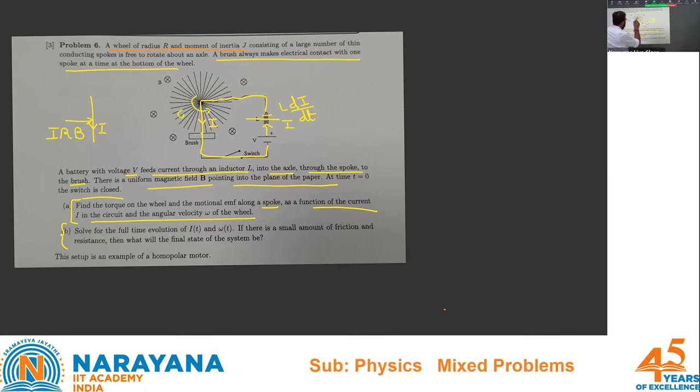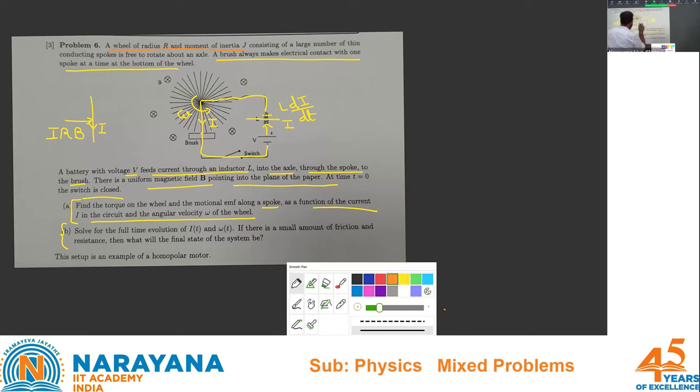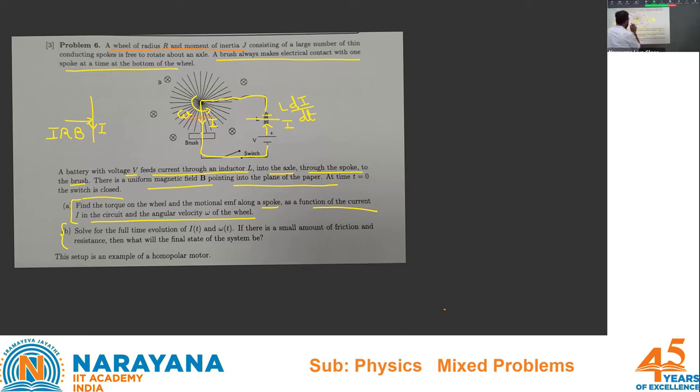So at a general instance, if this has got omega, there will be an induced EMF, and this rod is moving in anticlockwise direction in the cross field. So the inner side will have a higher potential than the outer side, and that induced motional EMF rather is half B omega into R squared.